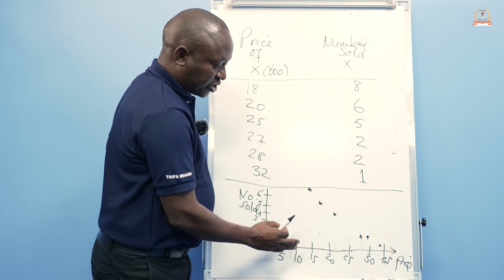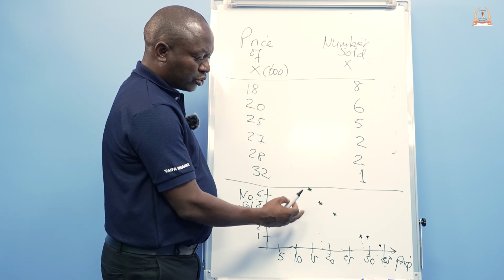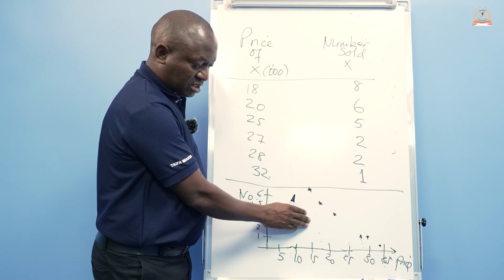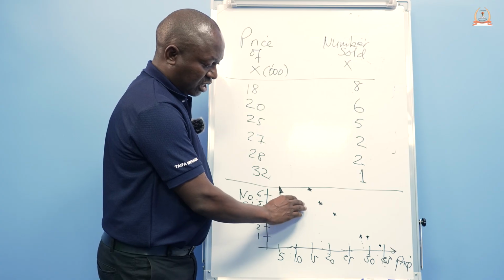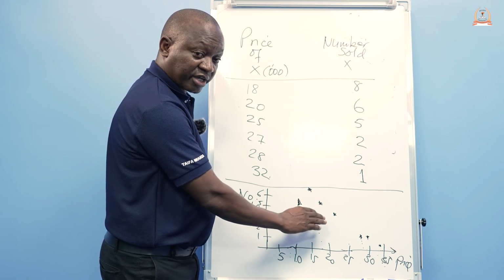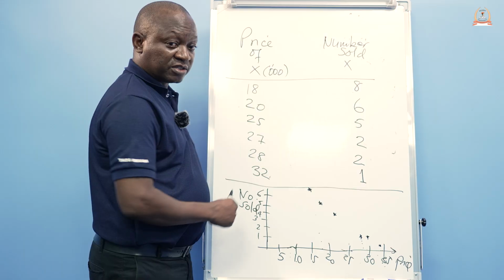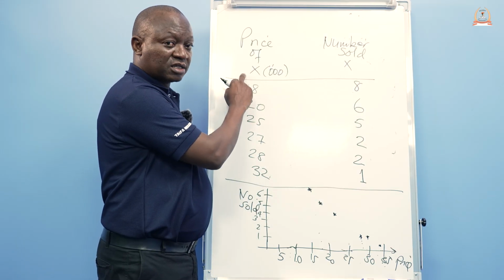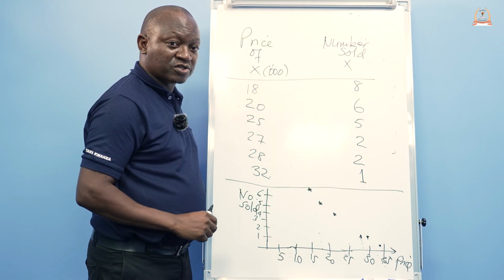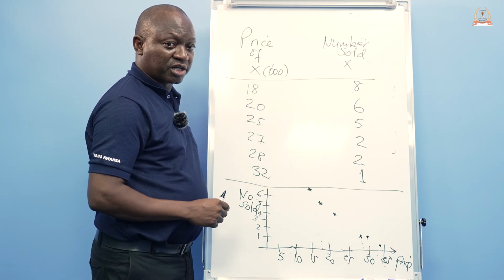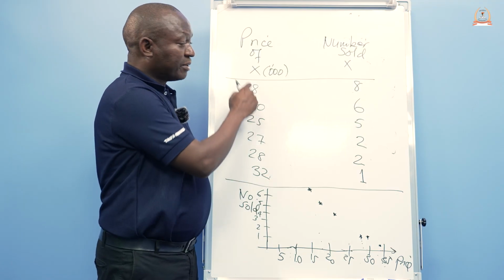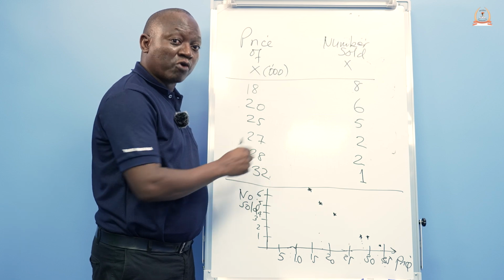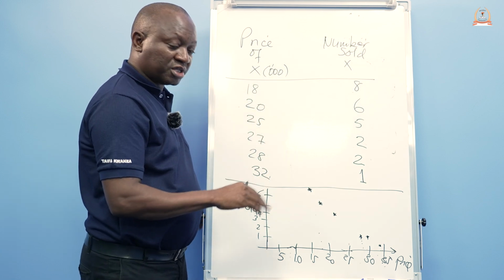If you look at the dots, you realize that these dots are sloping downward from left to right, which shows the negative relationship between price of good X and the number of good X sold. So this is the negative relationship, which means when the price increases, then the number sold of good X is always going to decrease.